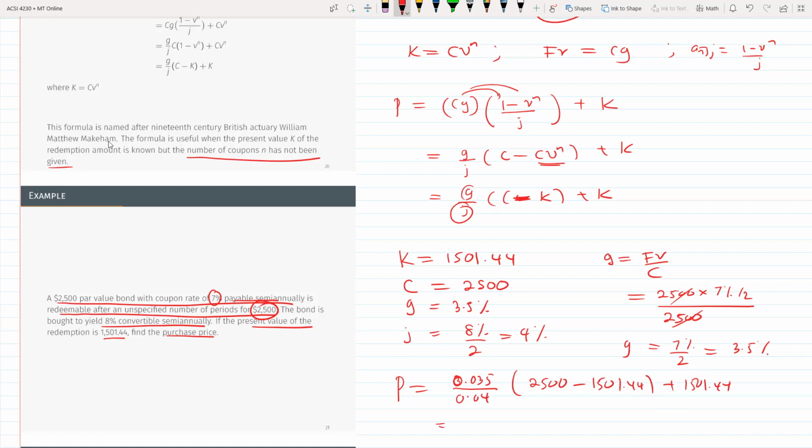So we don't know how long this bond, like the term of the bond, is it 10 year, 30 year, but we don't need that with this formula. But in order to use it, you need to know the present value of redemption amount.